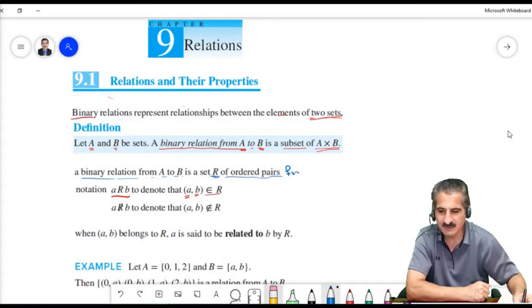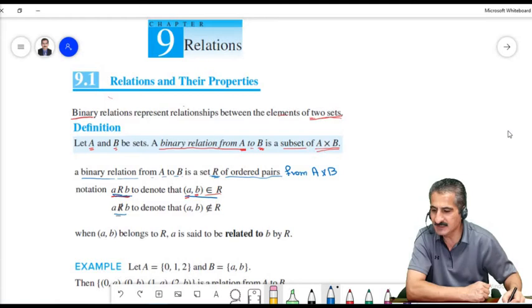Ordered pairs coming from A cross B. And we will say that a is related to b if the ordered pair (a, b) belongs to R. And a is not related to b if the ordered pair is not in R. When the ordered pair (a, b) belongs to R, we say a is related to b by R.